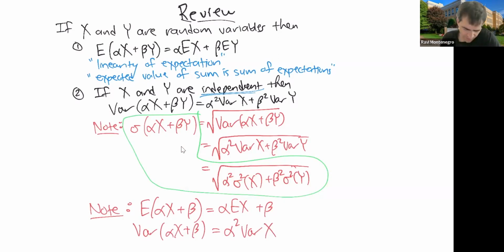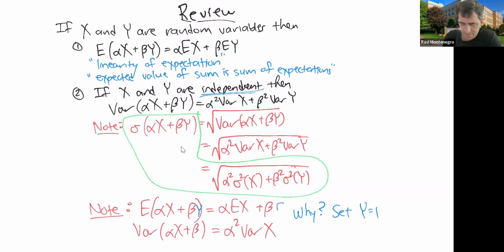And the reason for that is that we could rewrite this by setting y equal to 1. And in that case, that beta could become beta y, because y is always 1, so I haven't changed the equation.